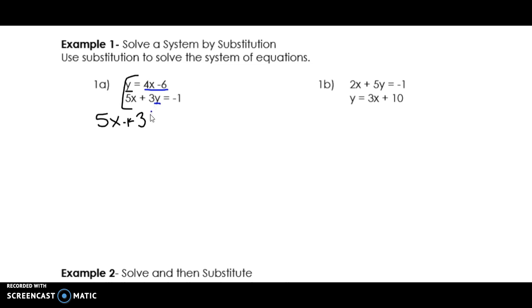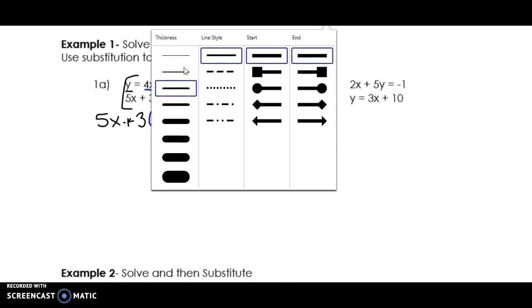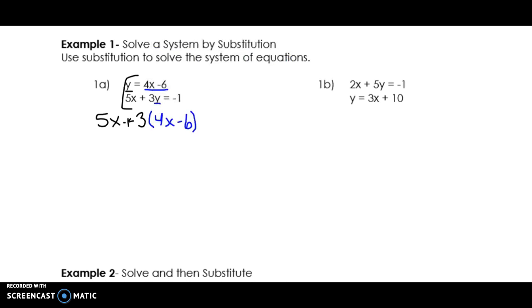In for that y, I'm going to put 4x minus 6 in parentheses. So now I've replaced this y with 4x minus 6. I'll only do the colors this first time. I know it takes time, but it makes it visually good. So I set that equal to -1. All I've done is taken out that y and stuck in 4x minus 6 in its place.